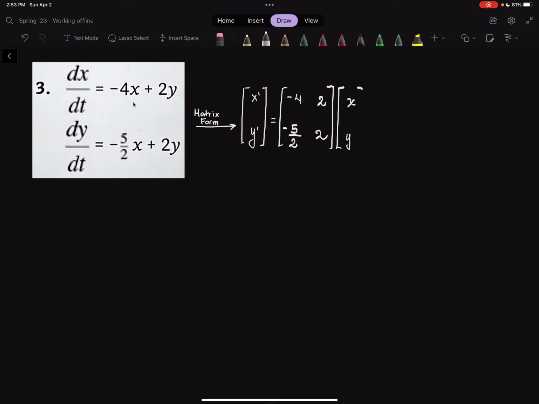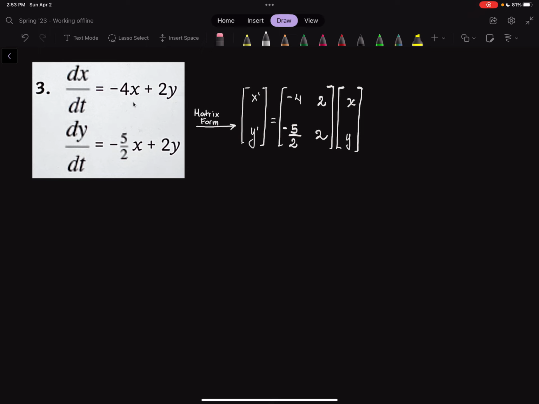If it is unclear how I did that, just multiply these two together, and you'll notice that we can, because this is a 2 by 2 and this is a 2 by 1. As long as these numbers are the same, we can execute the multiplication, and these numbers tell us the dimensions of what we'll get as a result, which is indeed a vector, which makes sense, right? Because we have this right-hand side equal to the left-hand side, which is a vector.